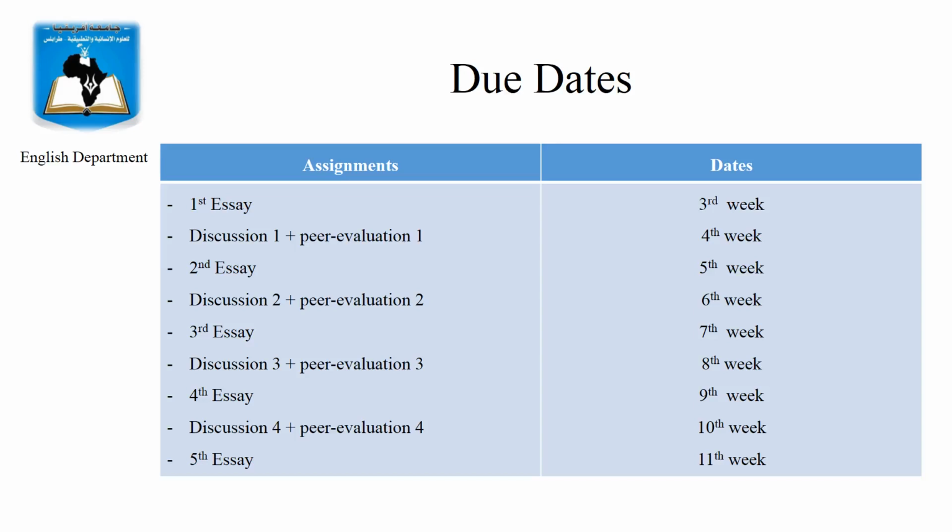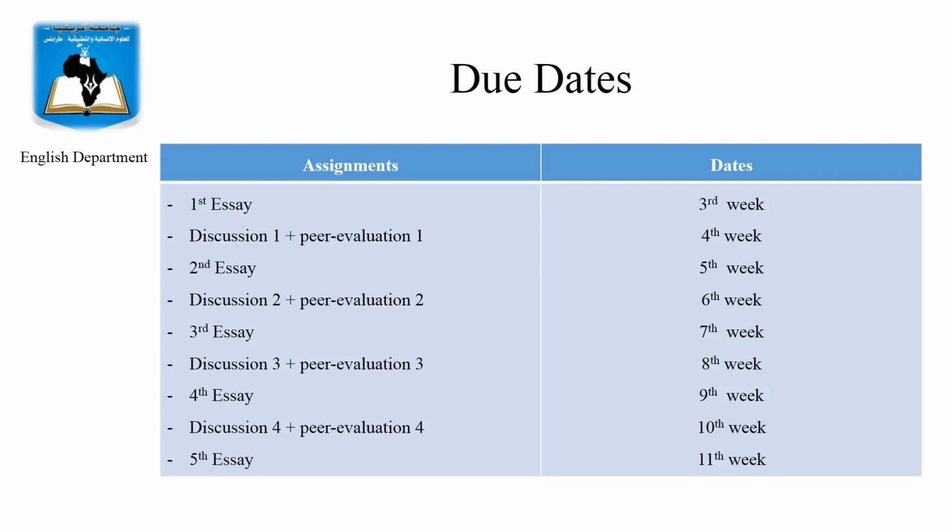The third essay will be in the seventh week, and there's also a discussion and peer evaluation for the third essay like the previous ones. The fourth essay is going to be submitted in the 9th week. There is a discussion and peer evaluation for the fourth essay.